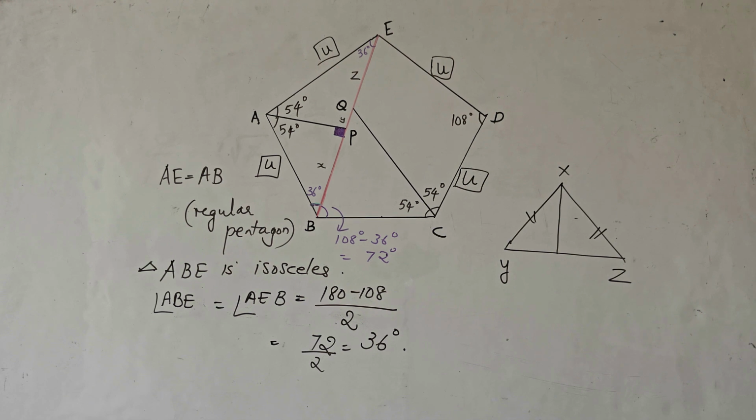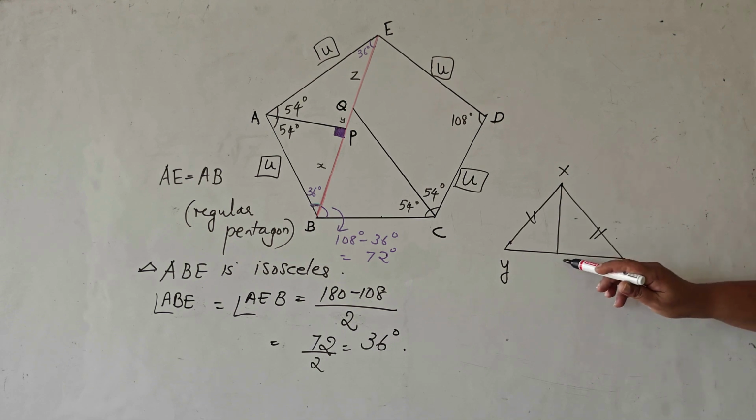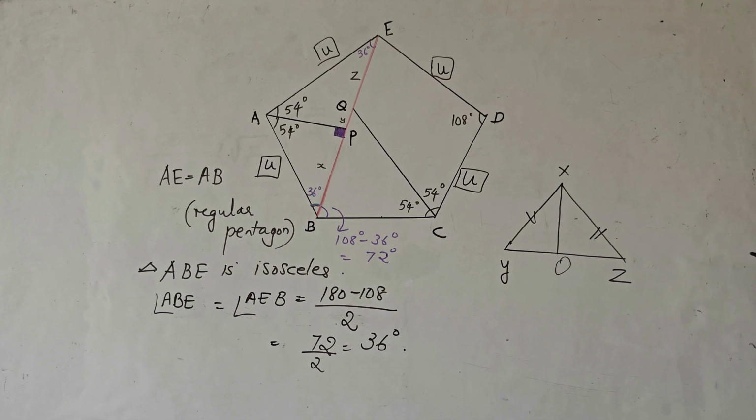XYZ is a random triangle which is isosceles, which means XY is equal to XZ. If XO is the angle bisector of this triangle, then by congruence of the two parts, XO also becomes the median and the altitude for an isosceles triangle.